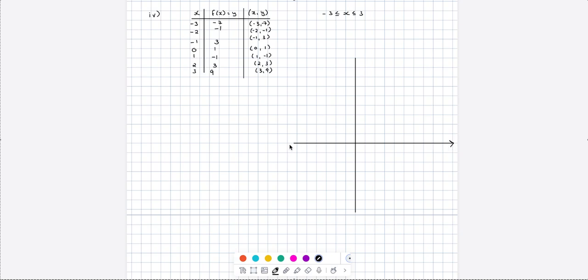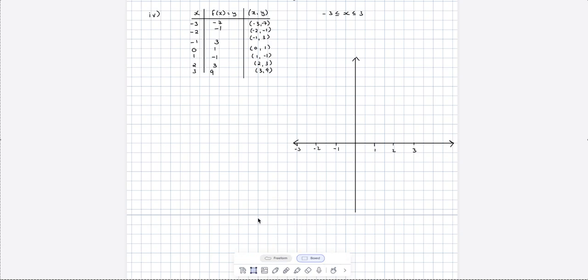Now we only want to go from minus 3 to 3 on the x axis. So I might do every 2 boxes to stretch it out. So minus 1 would be there. Minus 2 would be here, and minus 3 would be there. 1 would be here, 2 would be here, and 3 would be here. I'm spreading it out rather than doing every box as one, because it makes it a little bit easier for me to draw out the box.